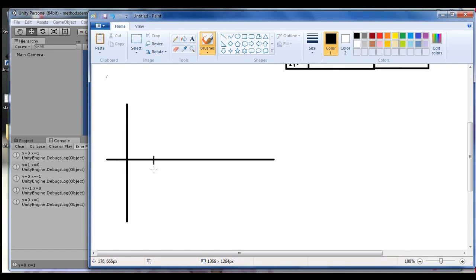If this is pi by 2, if this is pi, and this one is 3 pi by 2, and this one is 2 pi, and this is theta. And here you can say x is equal to sine theta, right?